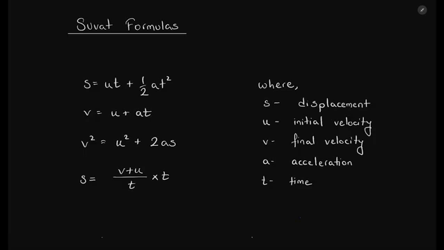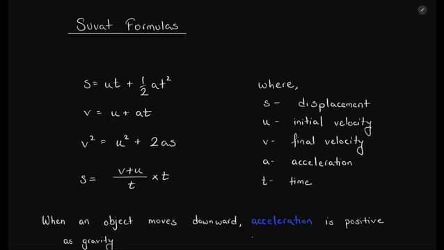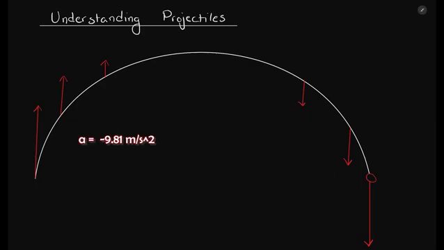Here you can see the 4 SUVAT formulas that we will be using throughout the maths. Here again, when an object moves downwards, acceleration is taken positive as gravity is helping the object increase its speed. So when calculating the downward movement, I always take acceleration due to gravity as positive.